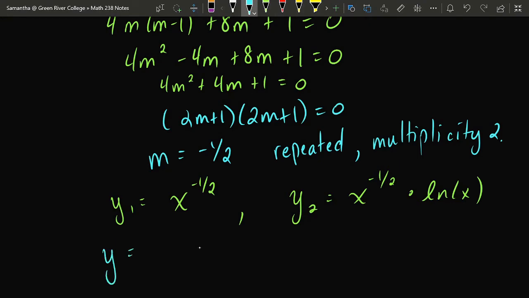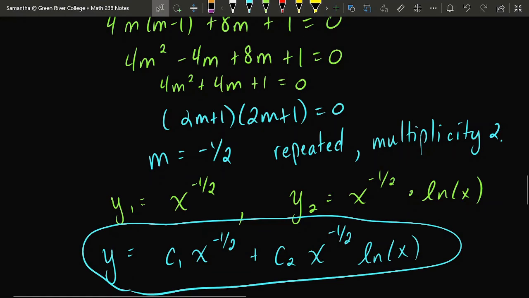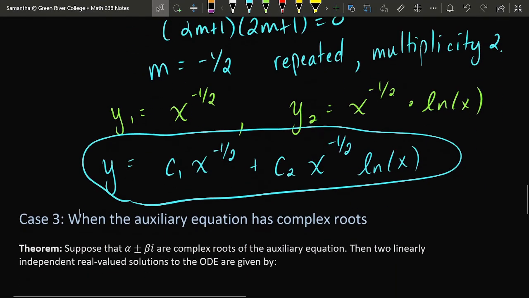Therefore, our general solution would be our first solution times C1 plus our second solution times C2. Very, very similar to what we saw yesterday. Yesterday, when we had a repeated root, we took our exponential and multiplied it by an x. Here, where we have a repeated root, we take our power function and multiply it by a natural log.